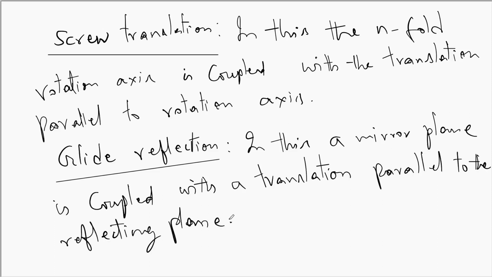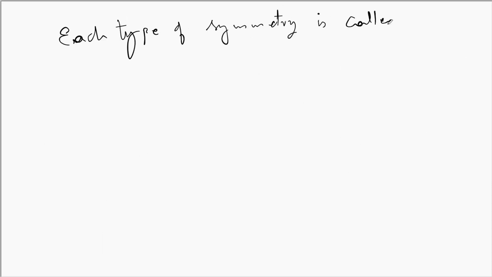Here we have come across a variety of symmetry operations, and each type of symmetry is called a symmetry element. A crystal may have more than one symmetry element, and all the symmetry elements possessed by a crystal grouped together are called a symmetry group or a point group.